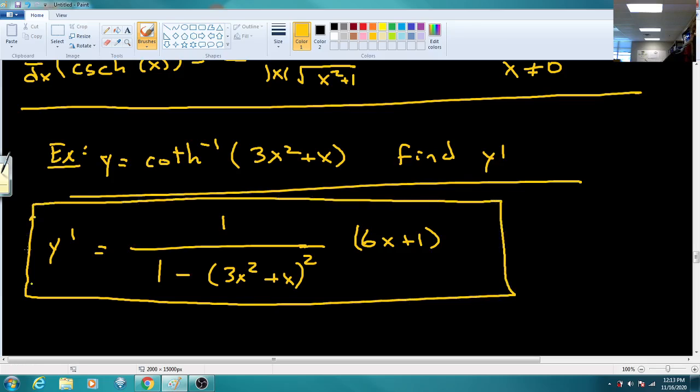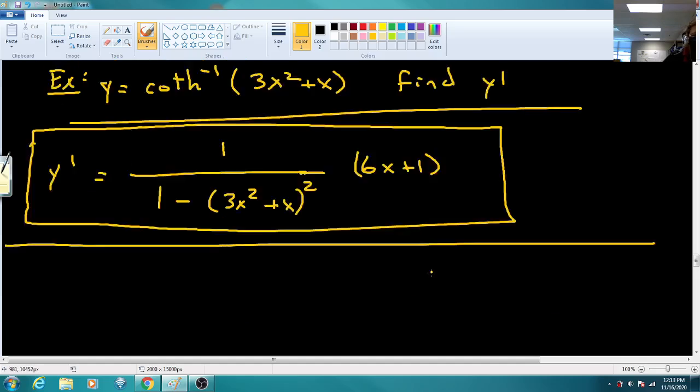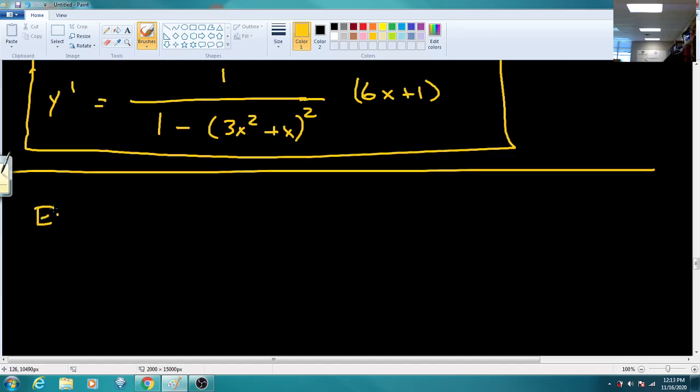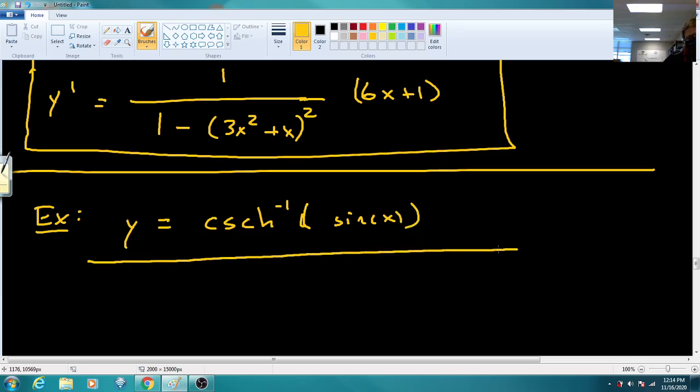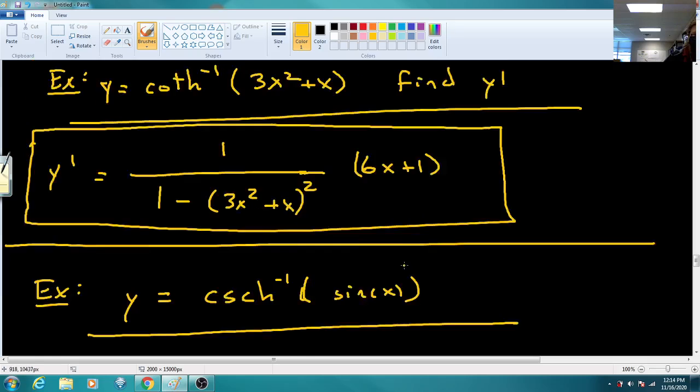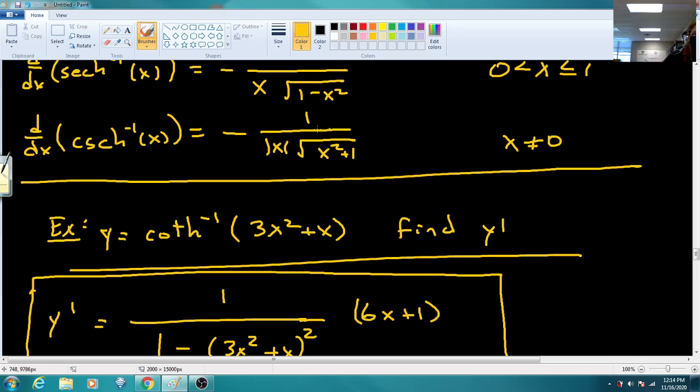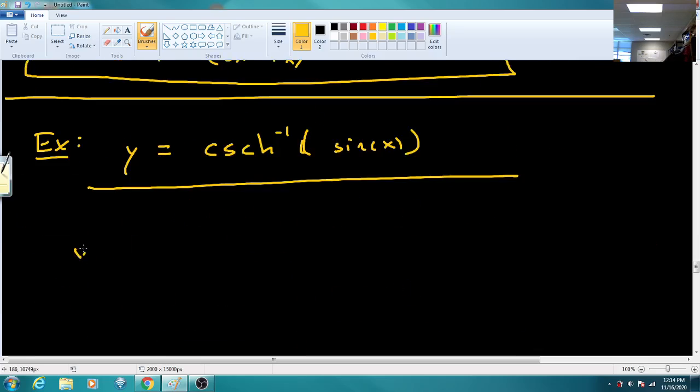Now let's do one more. Y equals inverse hyperbolic cosecant of sine of x. So we're going to get inverse hyperbolic cosecant equation with sine of x replacing the x's. So that'll be negative 1 over that.